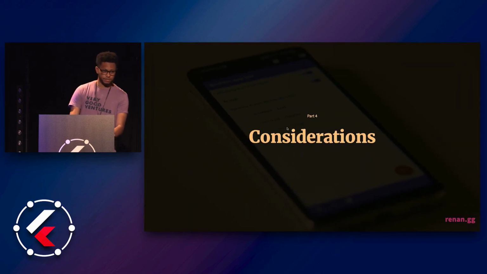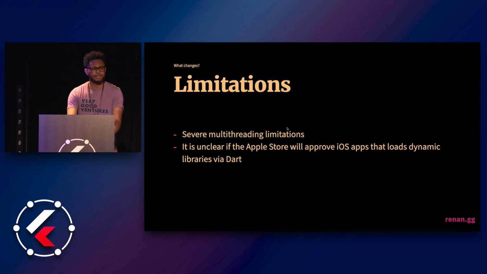All right, so we have some drawbacks. First, there are some severe multi-threading limitations when it comes to macOS and generating bindings from Objective-C. Some APIs on macOS can only be called if you are in the main thread of the application.